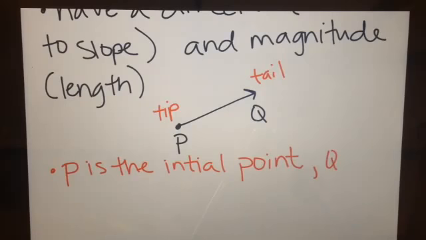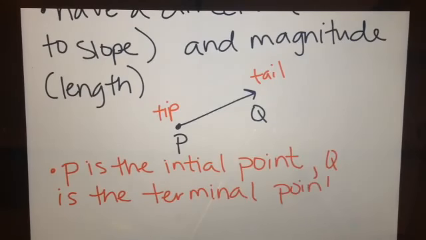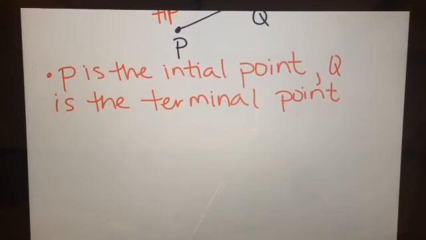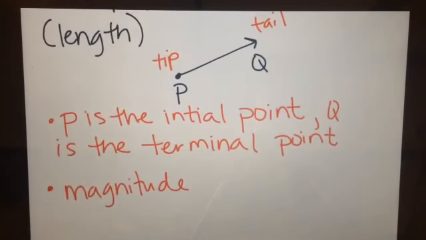And Q is the terminal point. And then the magnitude, and actually I forgot to write, hold on, let's go back up here. The way that you label this is you would say vector PQ, and you write it like that.